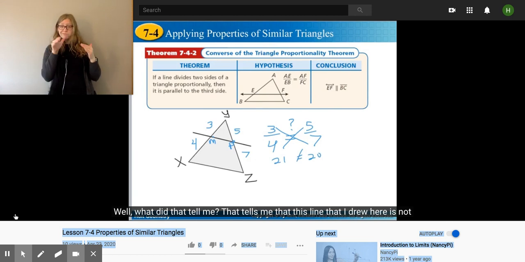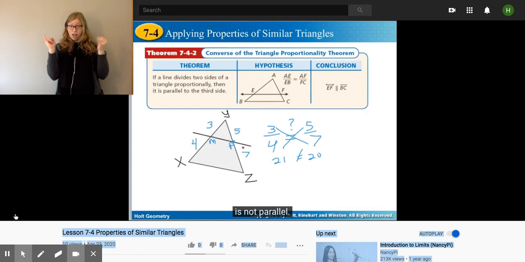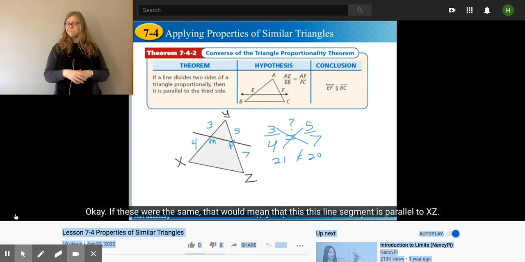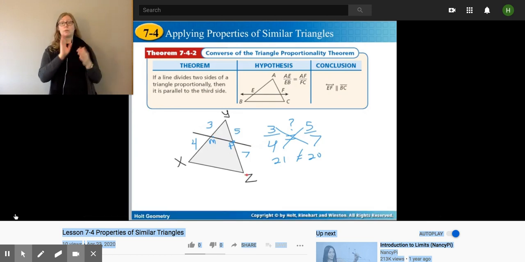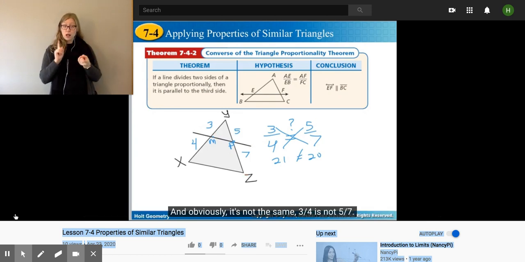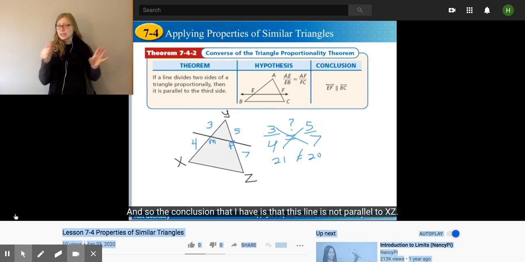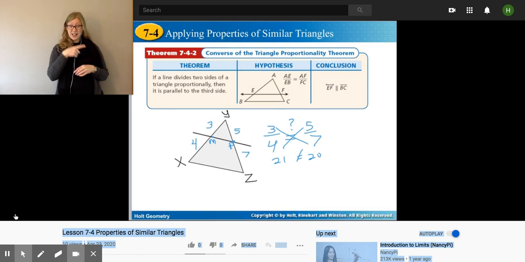That tells me that this line that I drew here is not parallel. If these were the same, that would mean that this line segment is parallel to XZ. And obviously it's not the same. 3/4 is not 5/7. And so the conclusion that I have is that this line is not parallel to XZ.